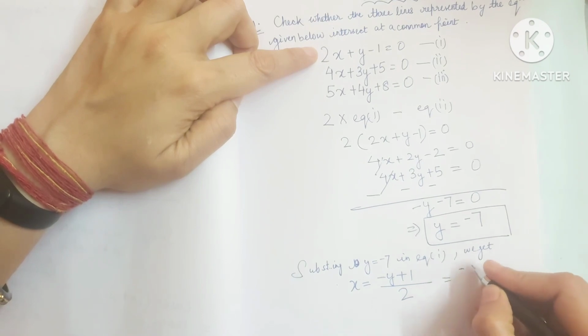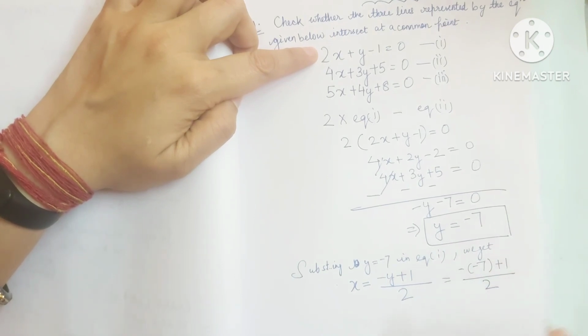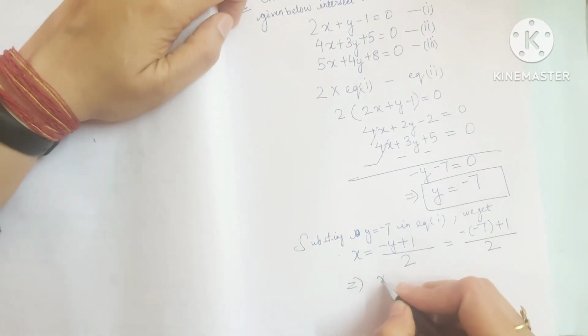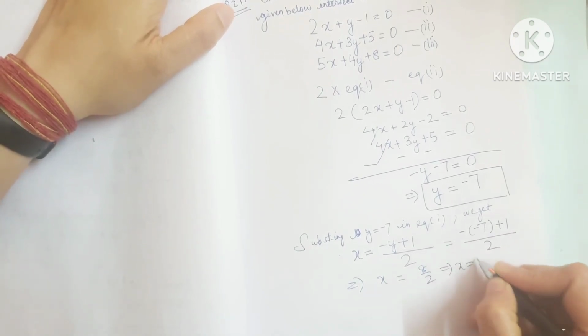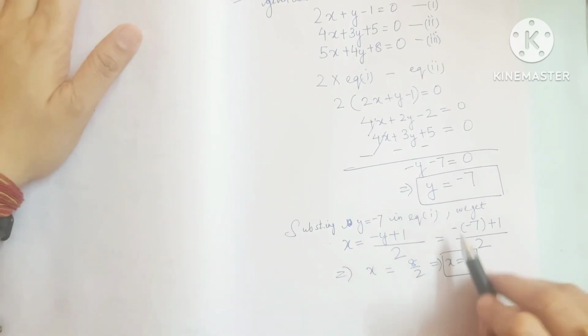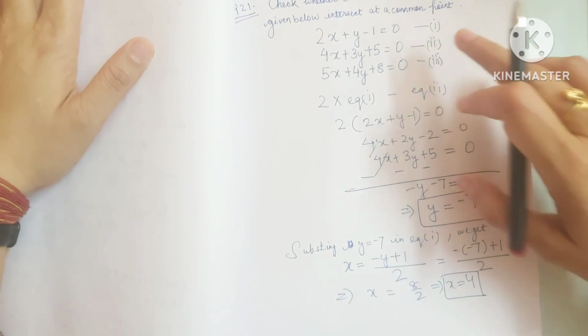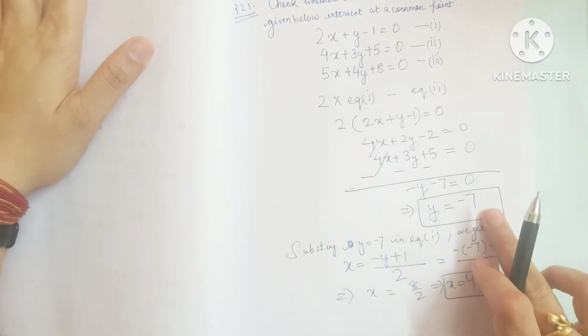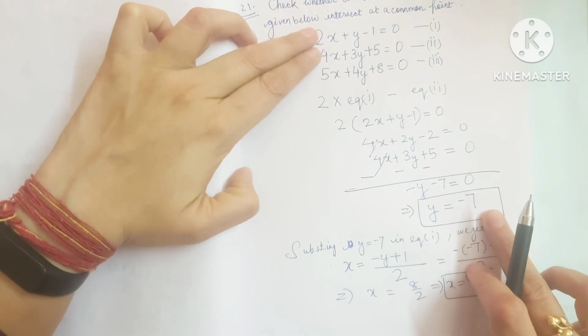Then here if I put y's value equal to minus 7, it will be minus of minus 7 plus 1 by 2, which implies x finally it will be 8 by 2, which means x is equal to 4. So we got two values, x equal to 4, y equal to minus 7, which satisfies both the equations 1 and 2. This is the point, x equal to 4, y equal to minus 7, where these two equations lines intersect.